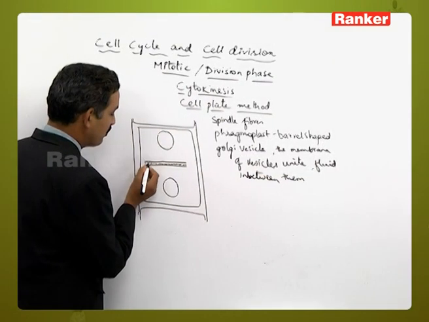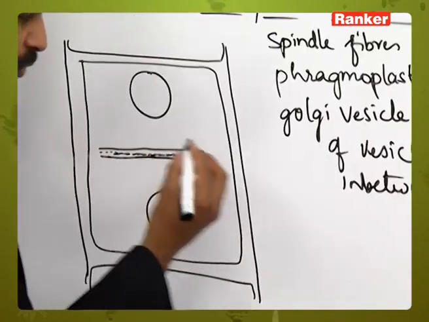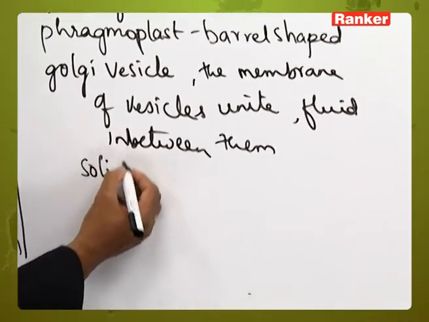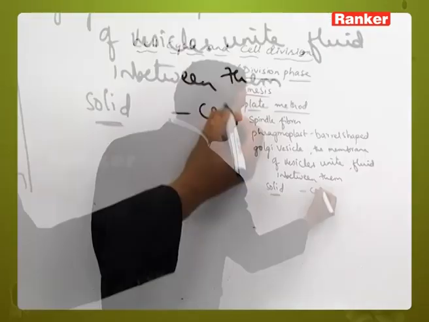So they will fuse to form a two-membrane structure. Between them the fluid matter will be left out, and this fluid matter will gradually solidify, and that structure is called a cell plate.